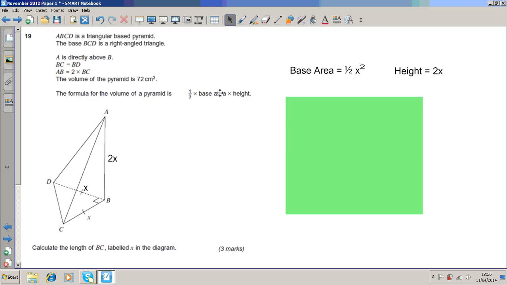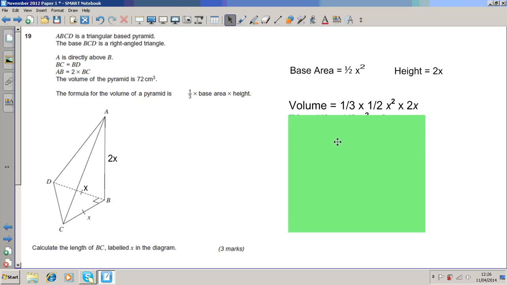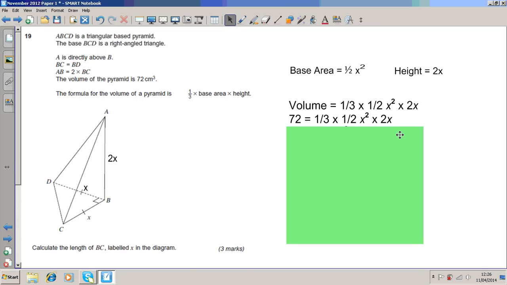So I'm going to put all of that into here. I've kind of done this one already. So the volume is a third times the base area times the height. And the volume is 72. So now we've got to work out what x is equal to. So I'm going to get rid of the third, I'm going to times by 3, so 216, and I got rid of that, I was just left with the next bit.